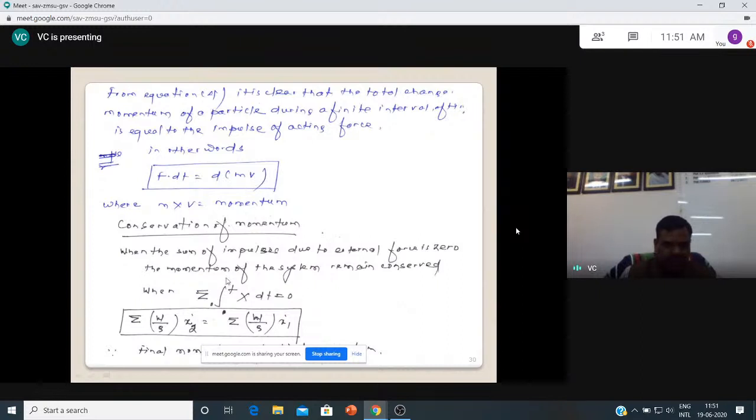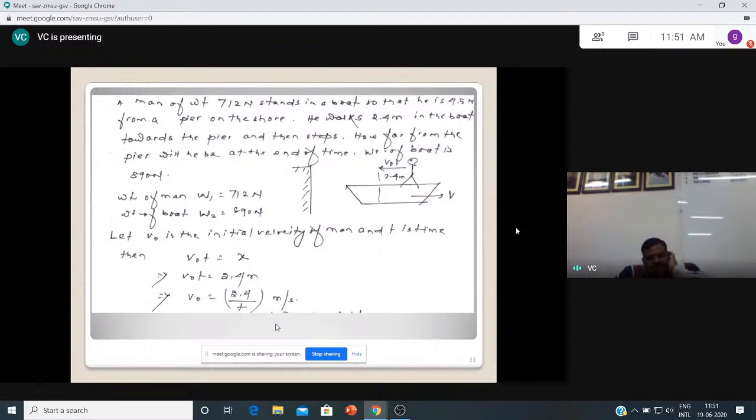Initial momentum is equal to final momentum. Now the example: a man of weight 712 newtons, indirectly around 71 kgs, stands in a boat so that he is 4 meters from a pier on the shore. This is the pier on the shore.